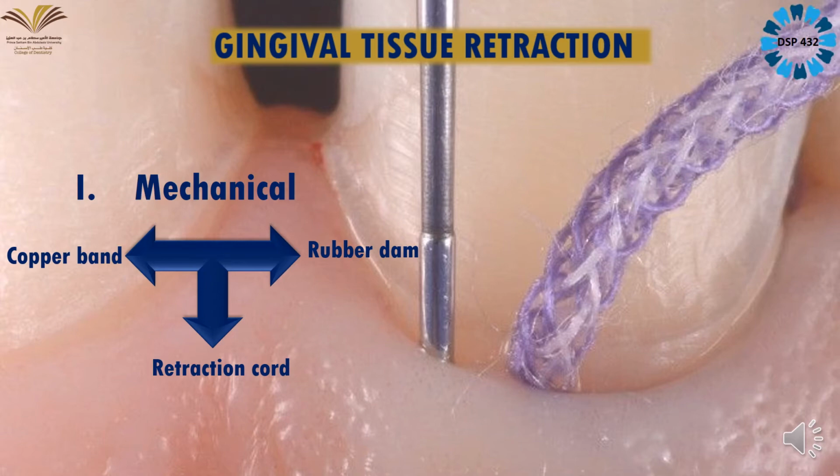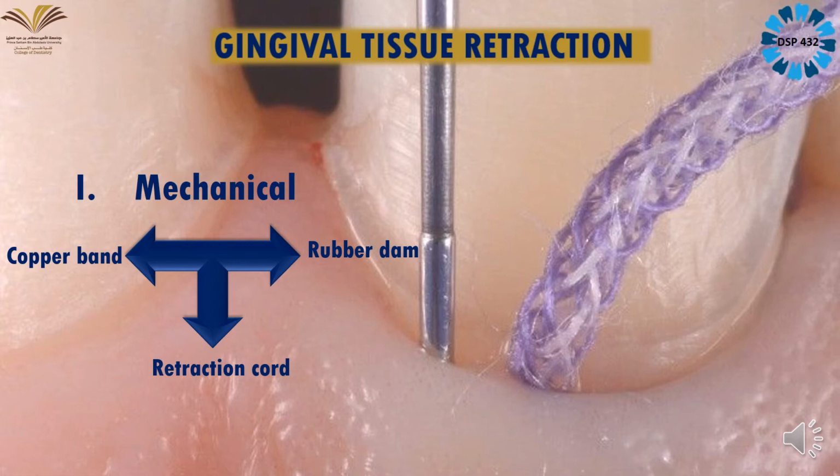Now copper band, we were using this long back, but nowadays this copper band technique is very rarely used. The drawback is you are able to do the gingival tissue retraction only for one tooth. It's like your prefabricated crowns.